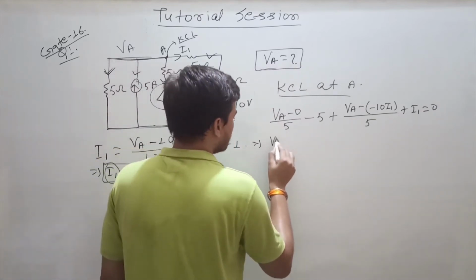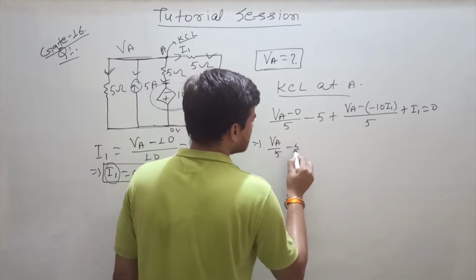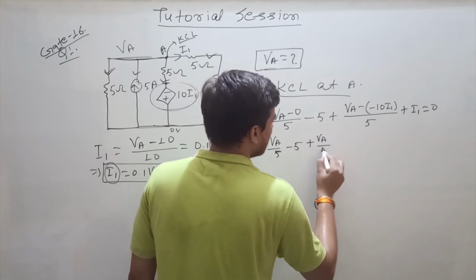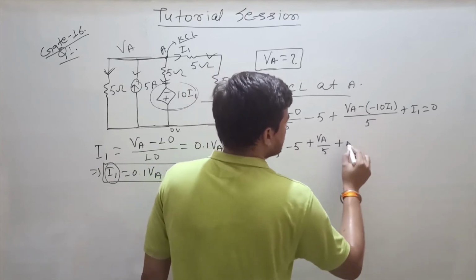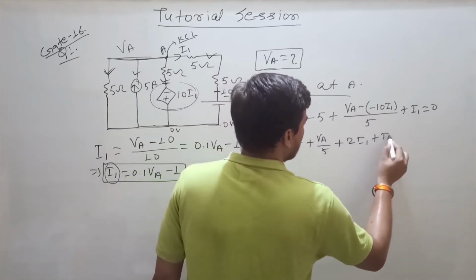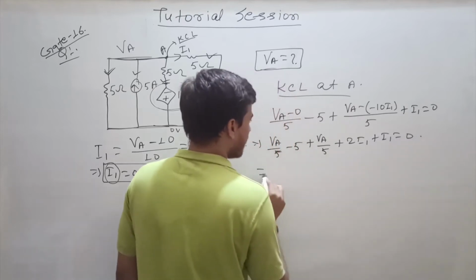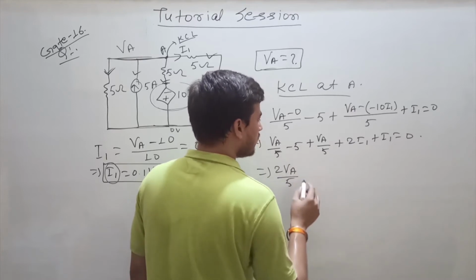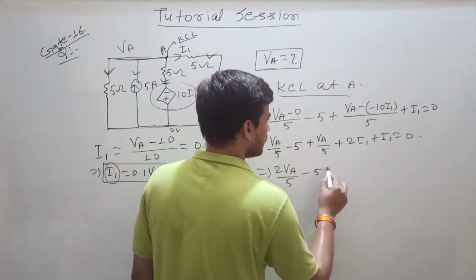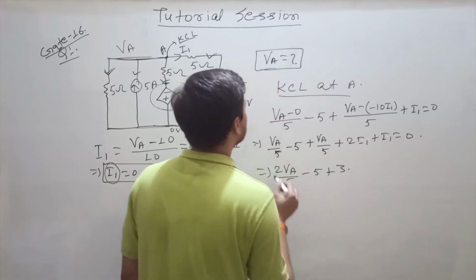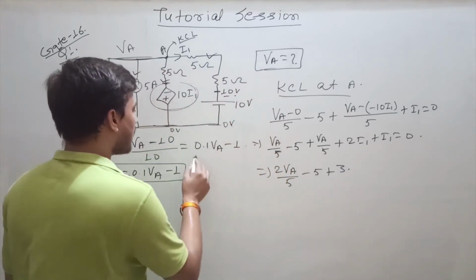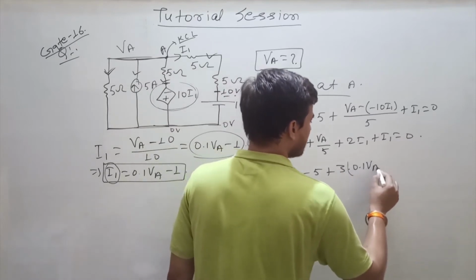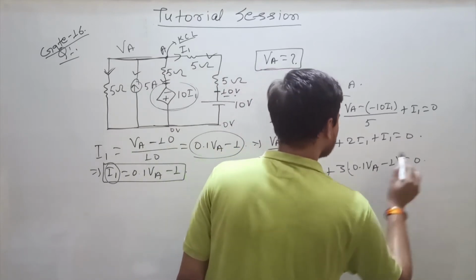From here you get VA by 5 minus 5 plus VA by 5 plus 2 I1 plus I1 equal to 0. That means 2 VA divided by 5 minus 5 plus 3 I1. Now in place of I1 we write 0.1 VA minus 1, equal to 0.